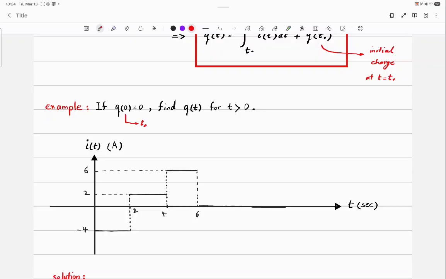Integral from 6 to t of i(t') dt' plus q of 6 is equal to, what's the value of the function after 6 seconds? 0.